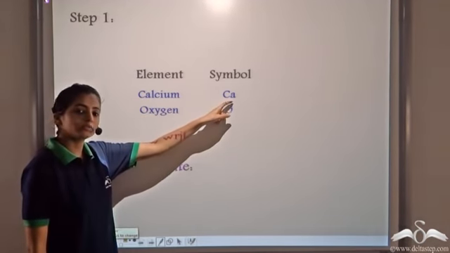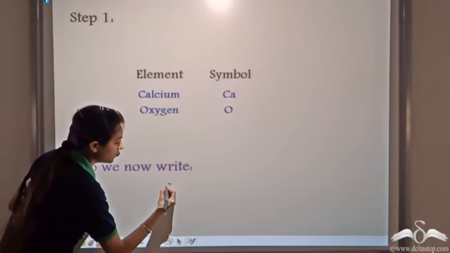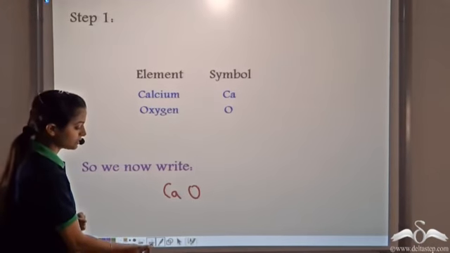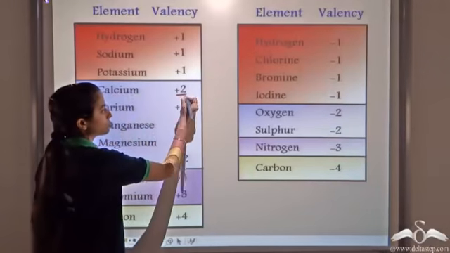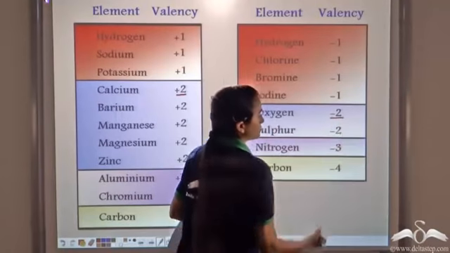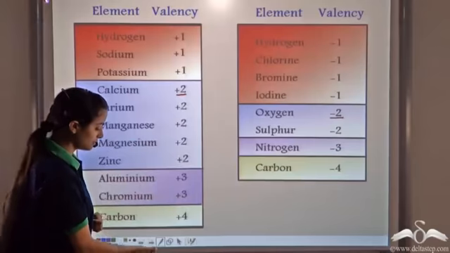Their symbols, calcium symbol is Ca, the symbol for oxygen is O. So write these 2 symbols. Now check their valencies. The valency of calcium is +2. Valency of oxygen is -2.